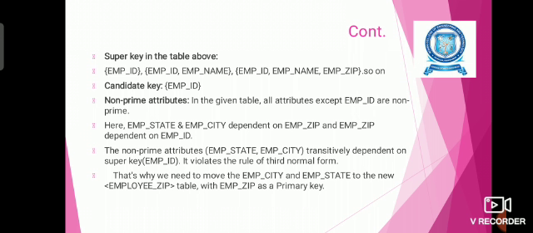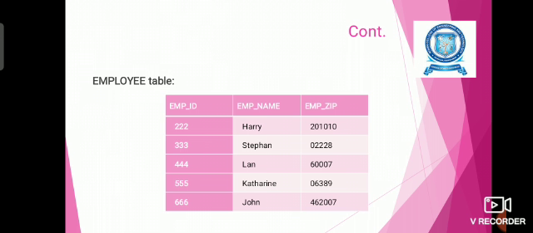So to satisfy the third normal form, we are again going to decompose the table into two tables. The first table can be called the employee table. In the employee table, we can keep the attributes employee ID, employee name and employee zip code.